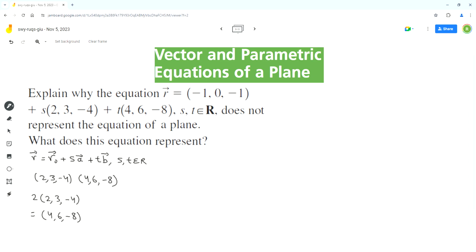Now we have to answer the second part. What does this equation represent? Since the two direction vectors are scalar multiples of each other, they can be combined into a single vector.